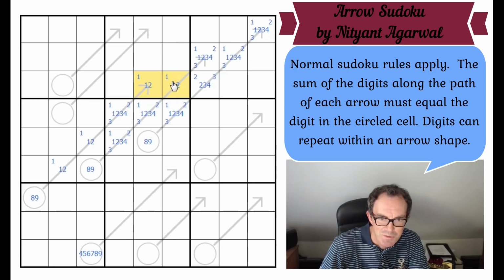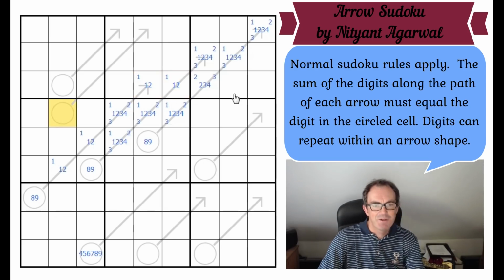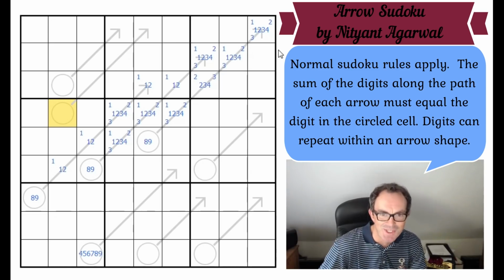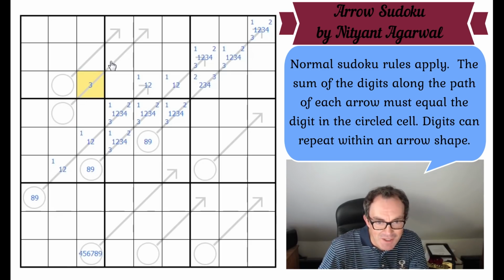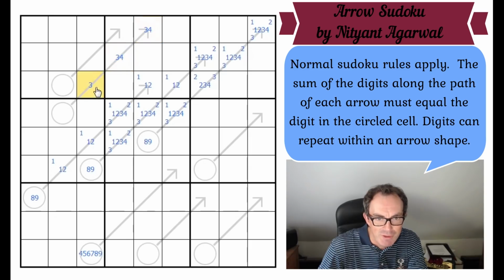What would this arrow total have to be? This is gorgeous. Well, the minimum I could put in that square would be 3. The minimum I could put in those 2 squares would be 3 and 4. And 3 plus 7 is 10, and I can't put 10 in here. So actually, it's not possible for this to be 1 and 2.